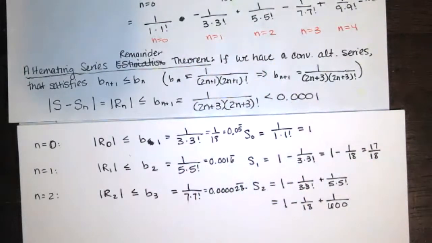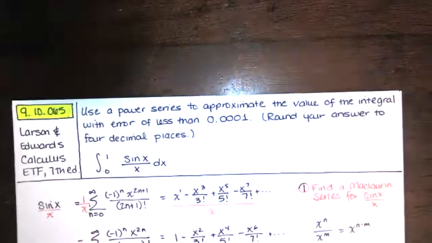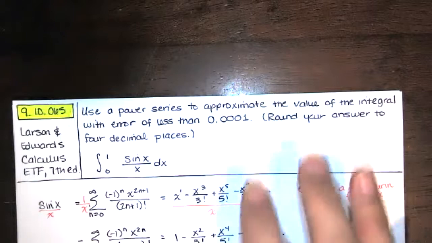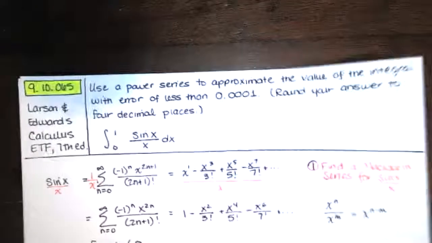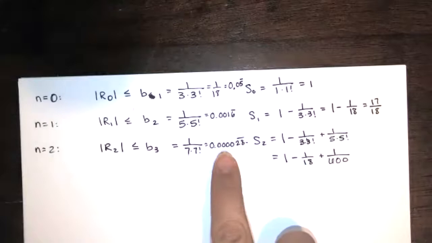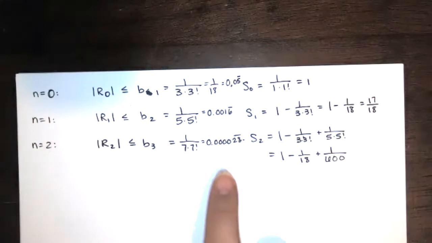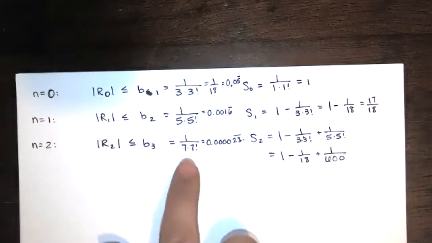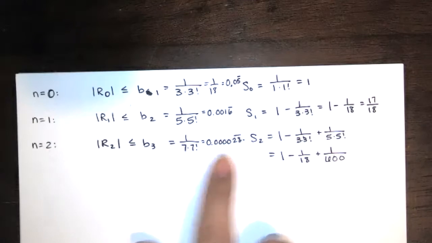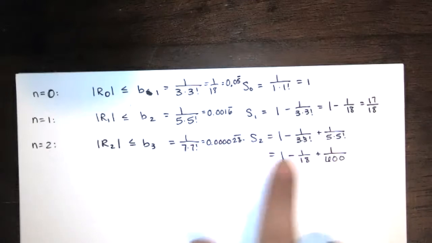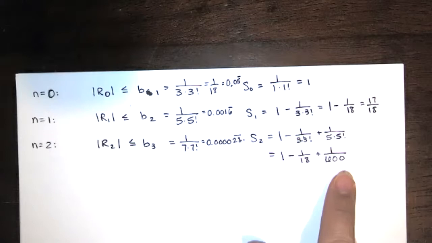So what did the question say? It says, use a power series to approximate the value of the integral with an error less than this value. Well, my upper bound for the error is less than that value when I use the second partial sum here. So we will compute that.